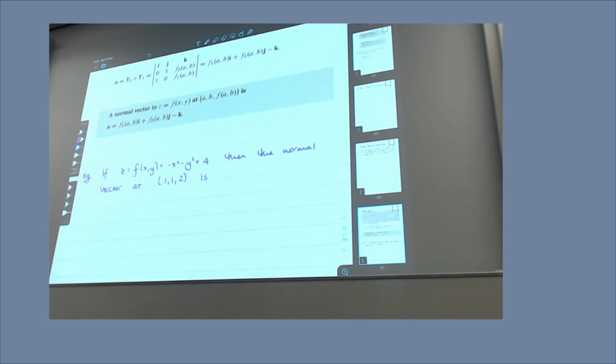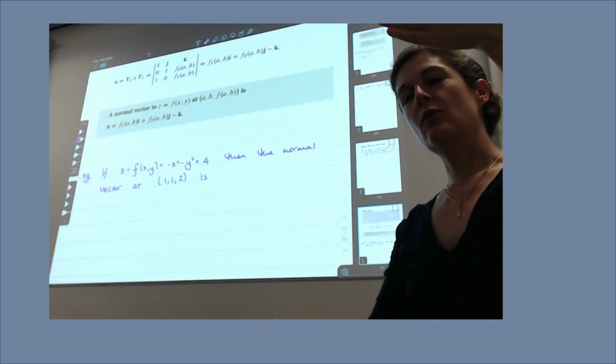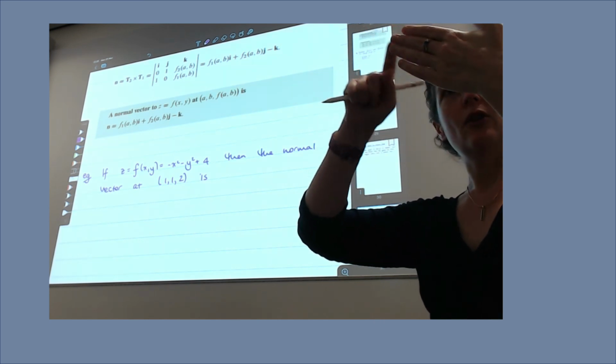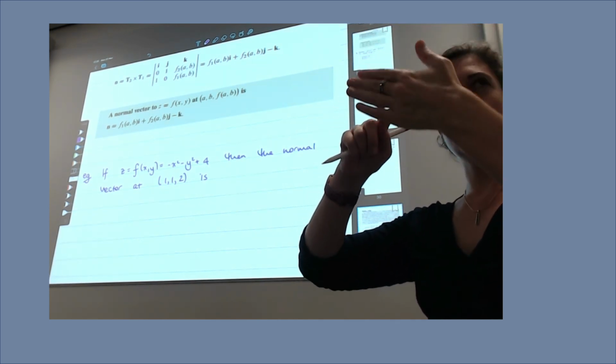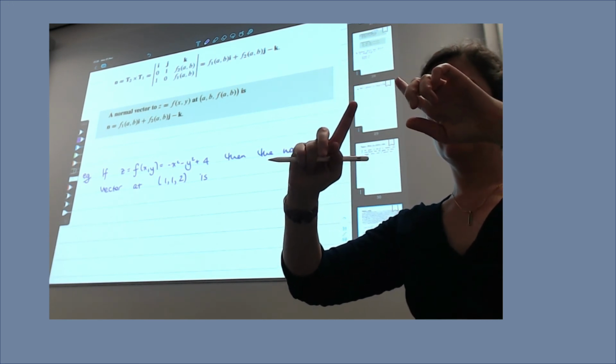Okay. So we've done a lot so far. Just to clarify where we're at, we've got a surface. We look at what happens to the slope, to the tangent on that surface if we hold x constant. We look at what happens if we hold y constant, and that gives us two vectors.